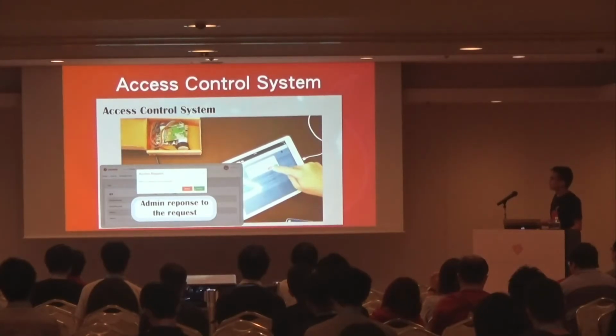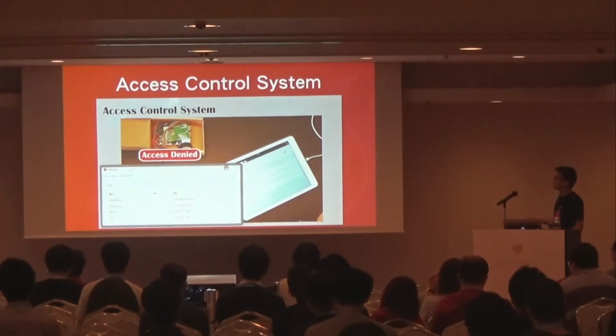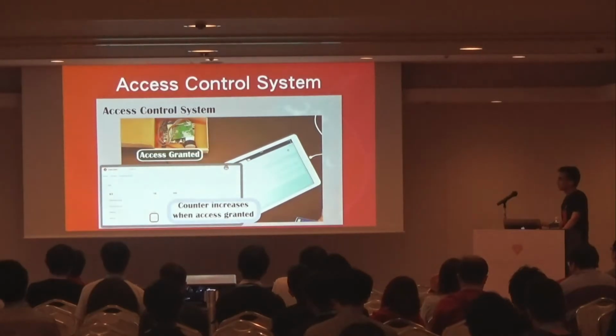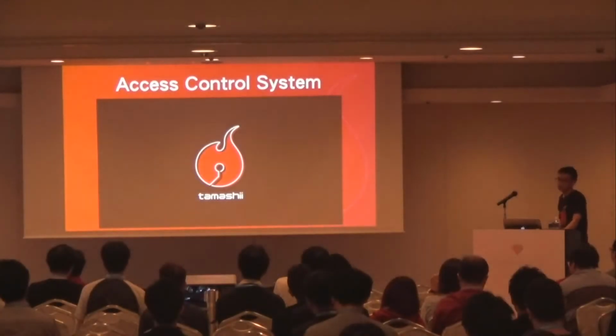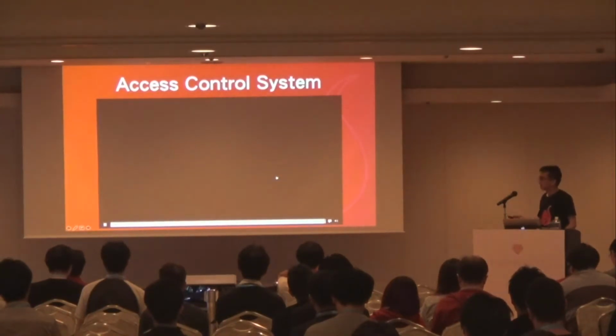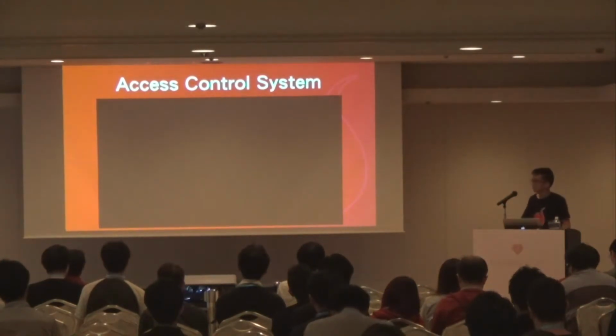Here we will deny the user first. It plays 3 sounds. The counter will increase when the access is granted. Although we just play the sound here, if you have some gate device or door, you can make it open the door or close the door.